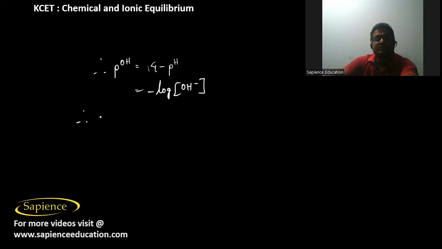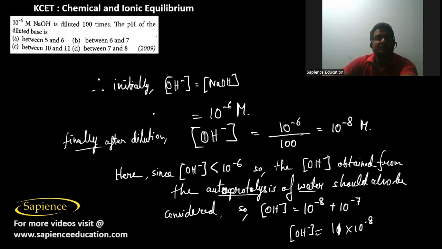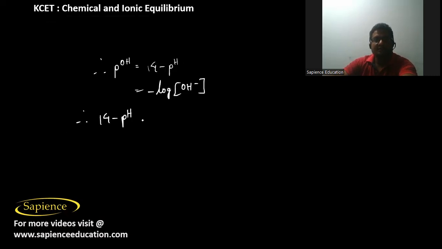So therefore 14 minus pH. We have to find out in between which values the pH of this diluted base will lie. So 14 minus pH is equal to minus log of the hydroxide ion concentration, that is 10 power minus 8 into 11.